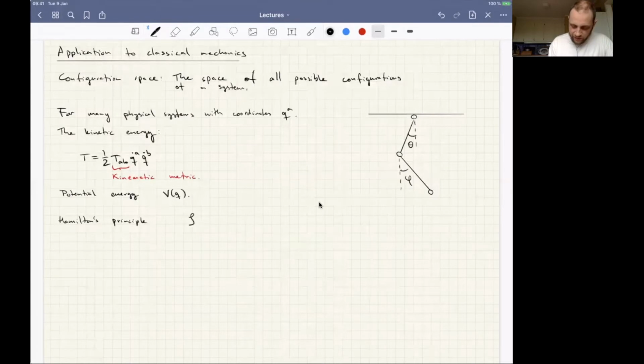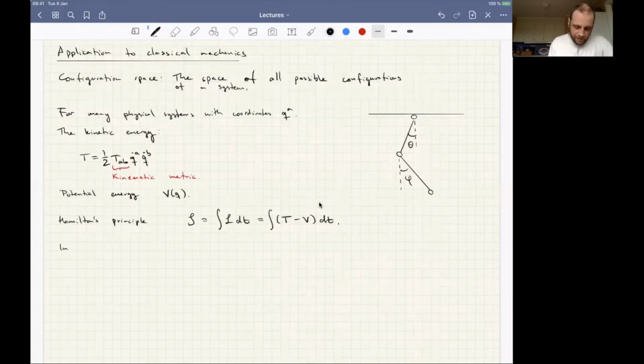I construct this action, and I put that the action should be equal to the integral of the Lagrangian with respect to time, which is defined then as this T minus V dt.